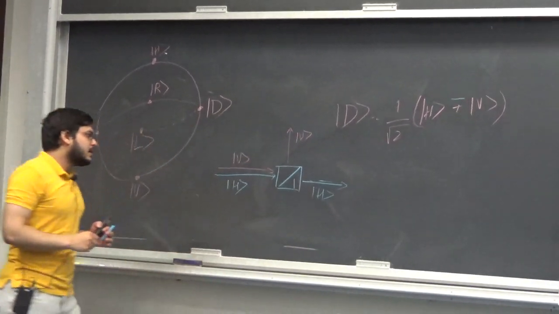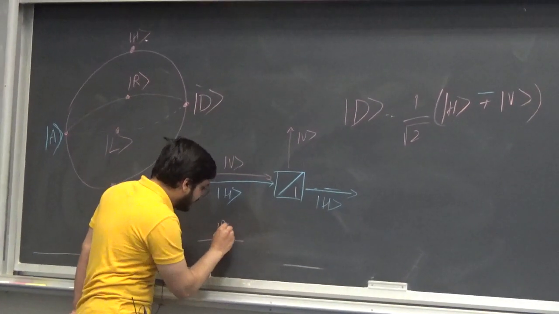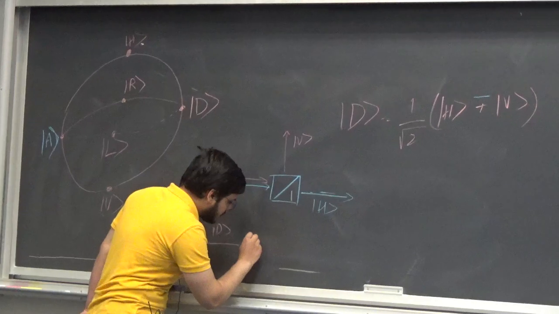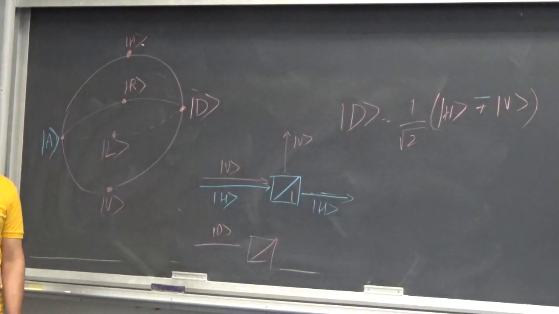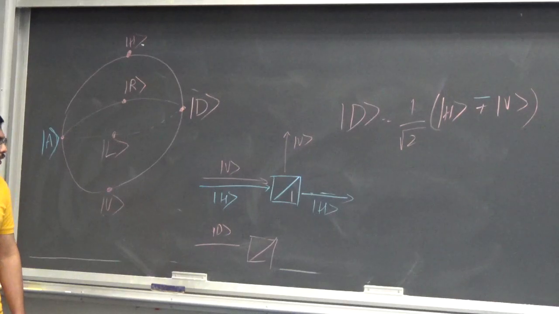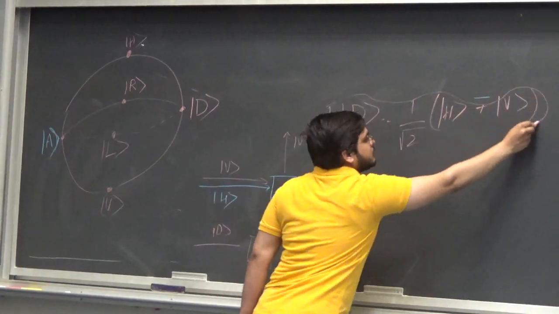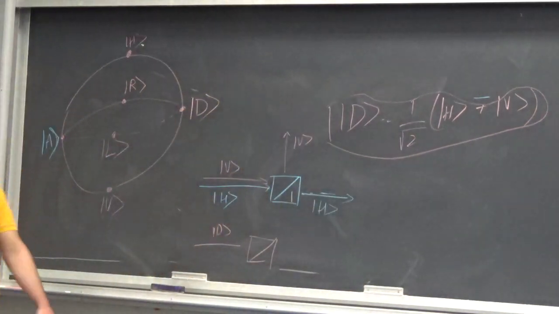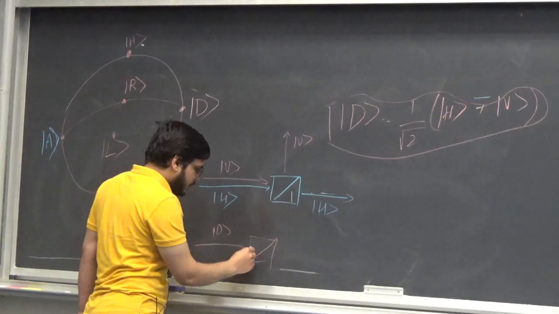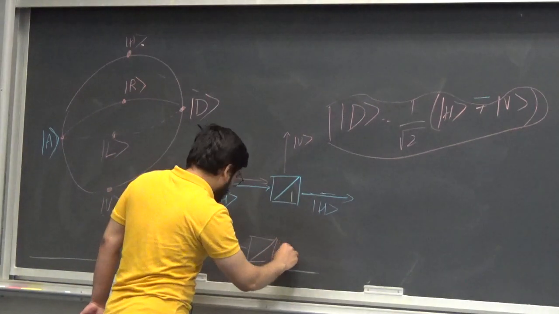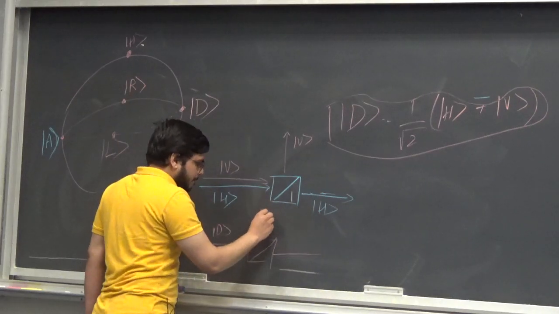But what if I had |D> coming into this polarizing splitter? It is a mixed state, so half will pass and half will be diverted: half probability for it to pass through and half for it to go straight ahead.